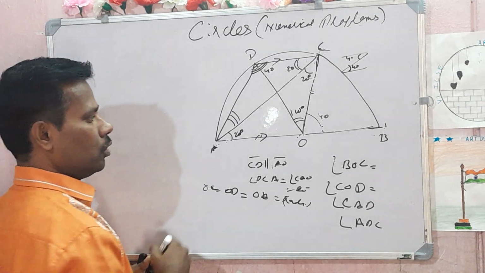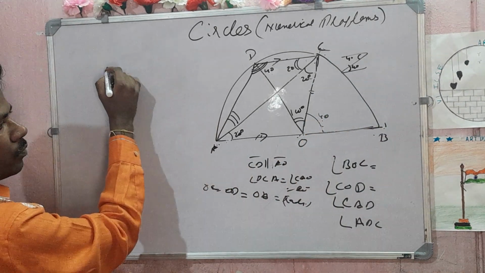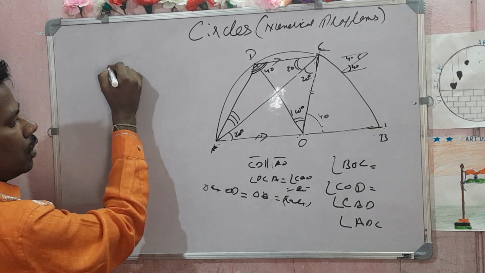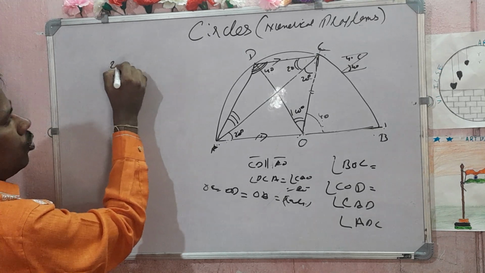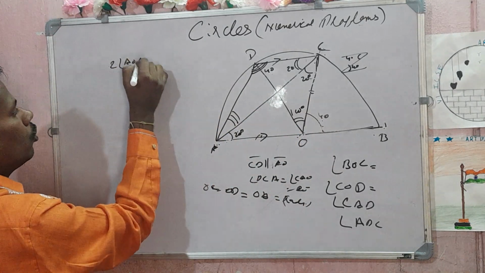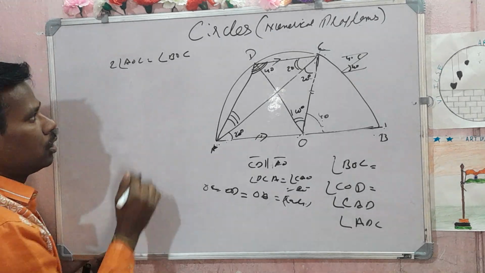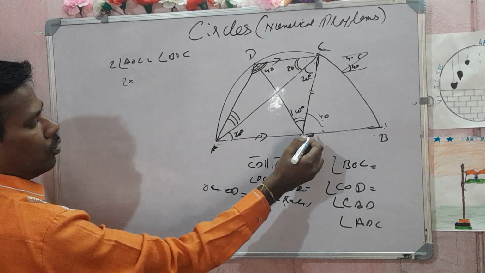Right? So angle BOC is equal to 2 times angle OAC.